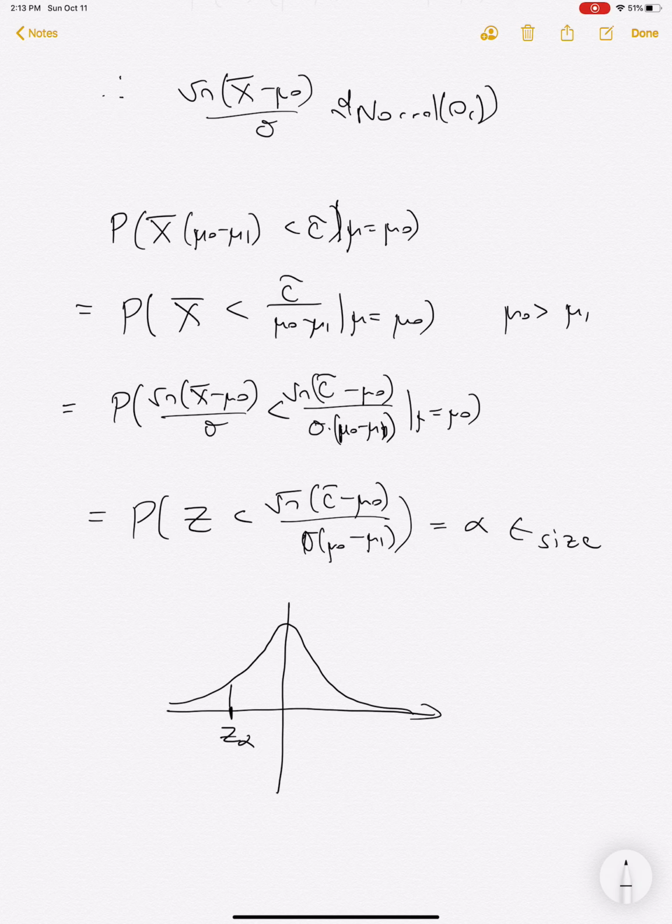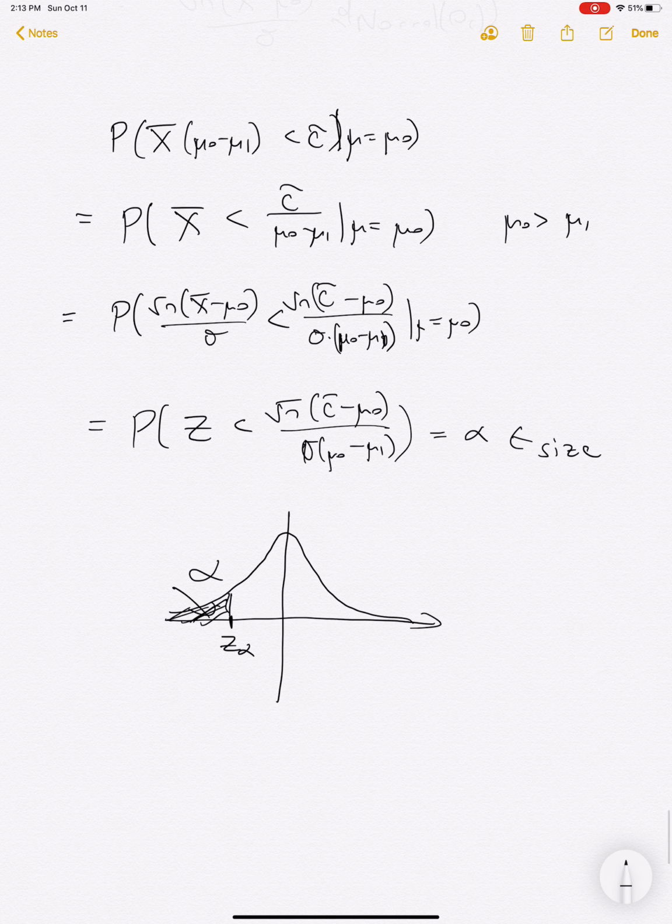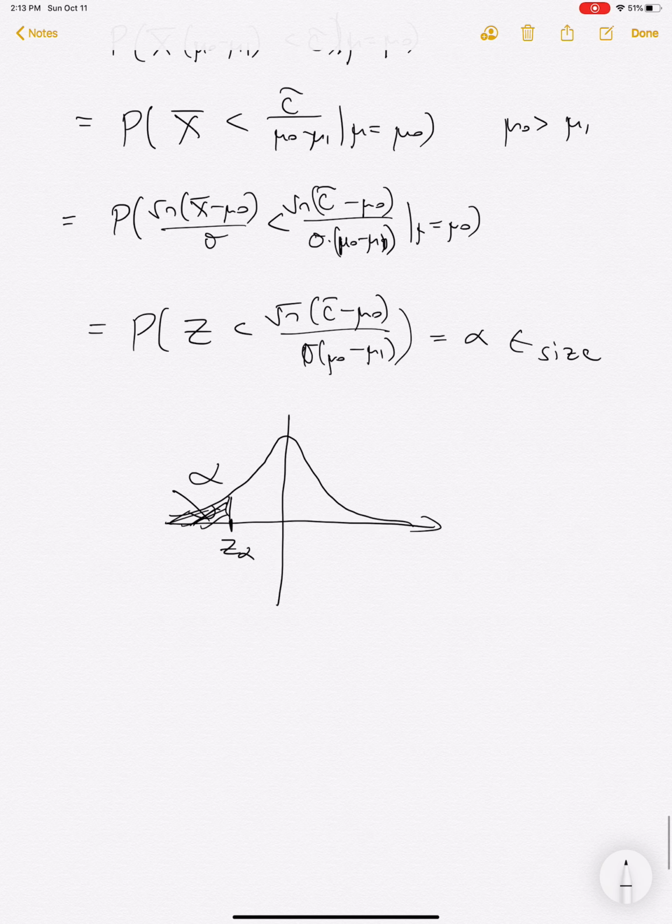So then we can think of using the normal table. This is the area alpha. And so z alpha is going to be a negative value here. So we're going to say that that should be equal to z alpha.